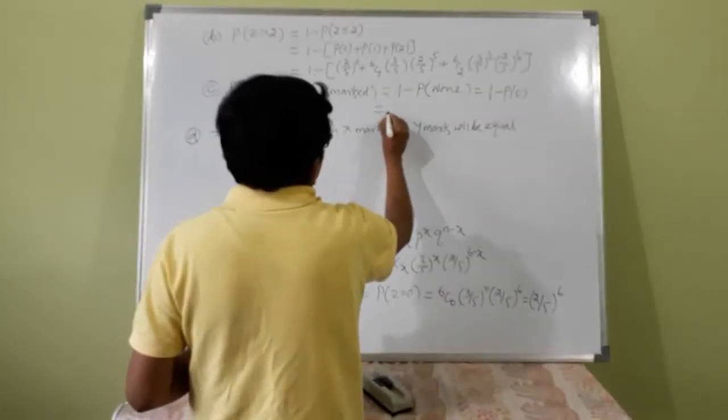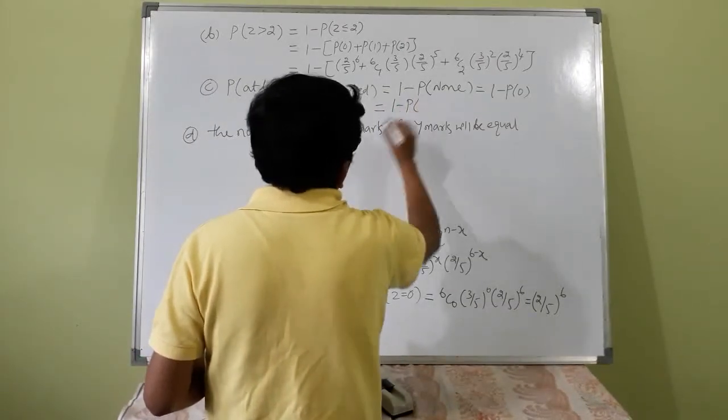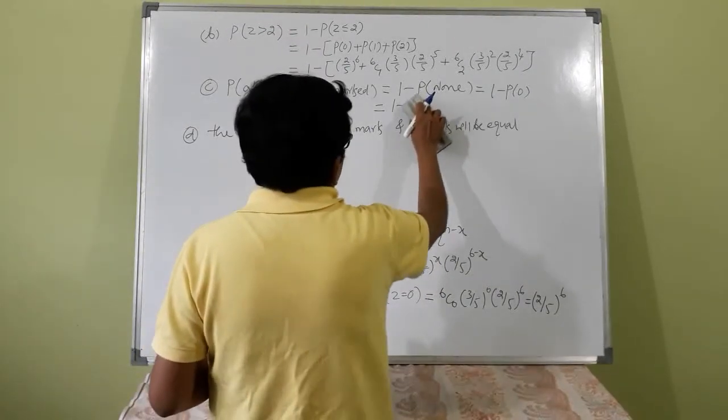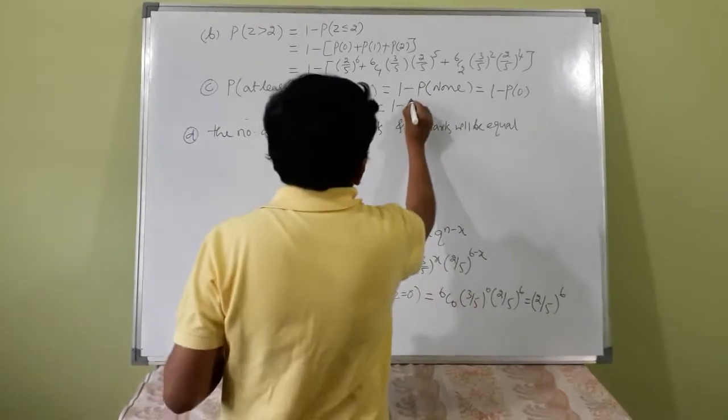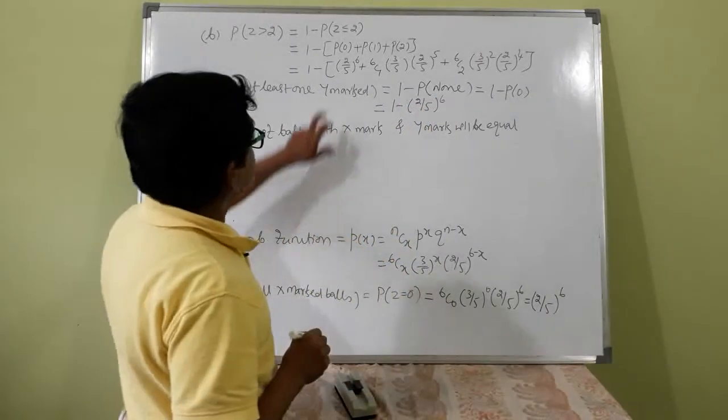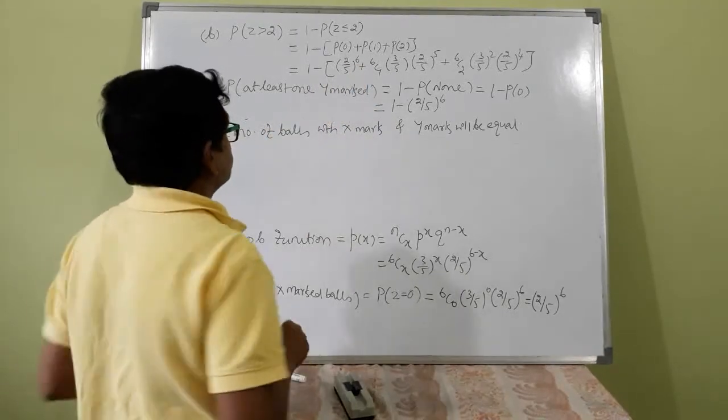That is 1 minus, P of 0 you already have here as 2 by 5 raised to 6. Please complete this one yourself.